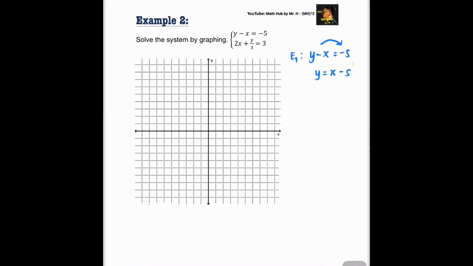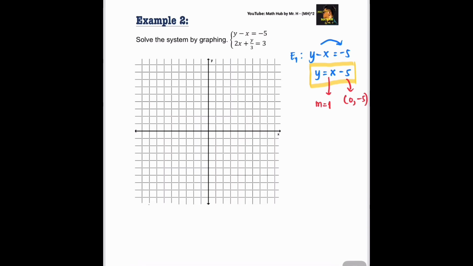So this is the equation that we need to graph, and from there the y-intercept will be at (0, -5). That's the very first point, and the slope here is 1. So 1 unit up, then 1 unit to the right from the y-intercept.